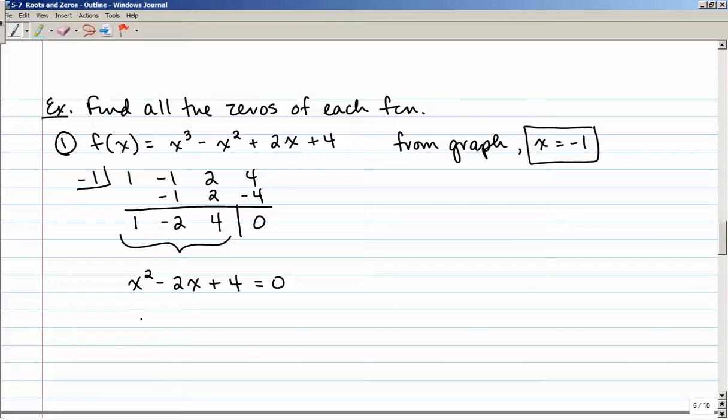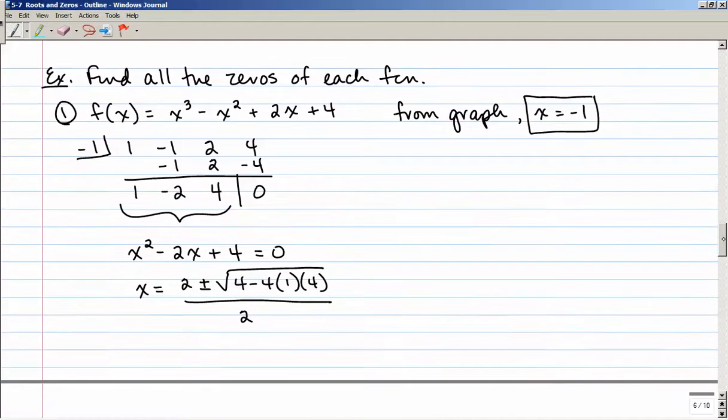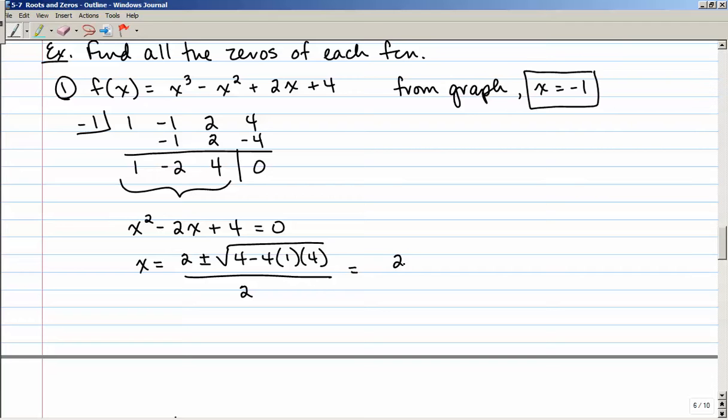I don't think this is factorable, so I'm going to use the quadratic formula. x equals negative b plus or minus the square root of b squared minus 4 times a times c, all over 2a, or 2 plus or minus the square root of negative 12 over 2, plus or minus 2i square root of 3 over 2, and canceling, that gives me x equals 1 plus or minus i square root of 3.